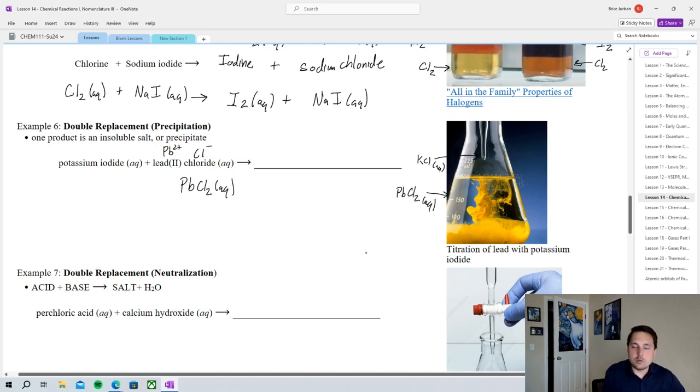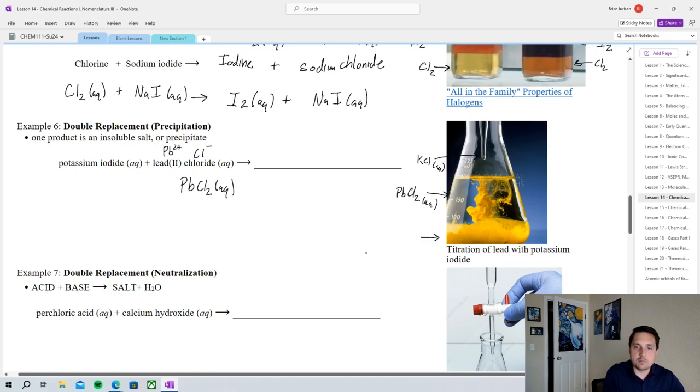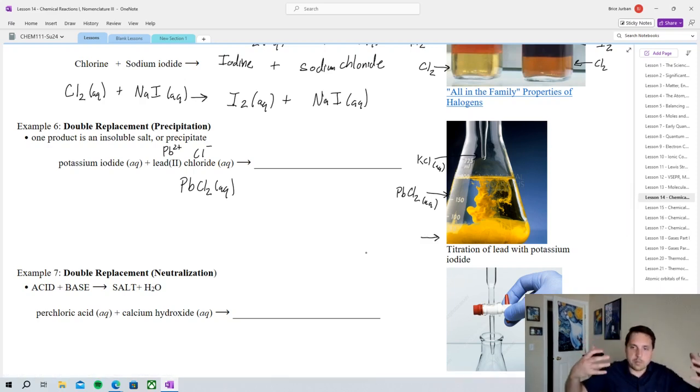When these two compounds come together, the potassium and the chlorine are just side products. They're spectator ions. But the lead and the iodide are going to react together to form a solid compound. That comes out as this yellow precipitate that's going to look kind of bubbly at first.